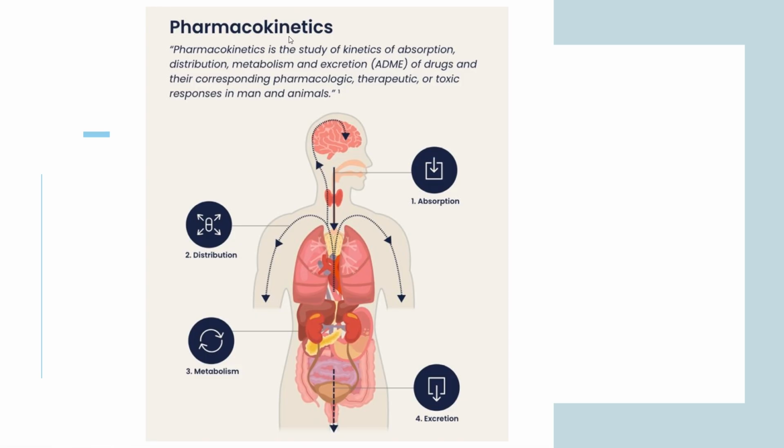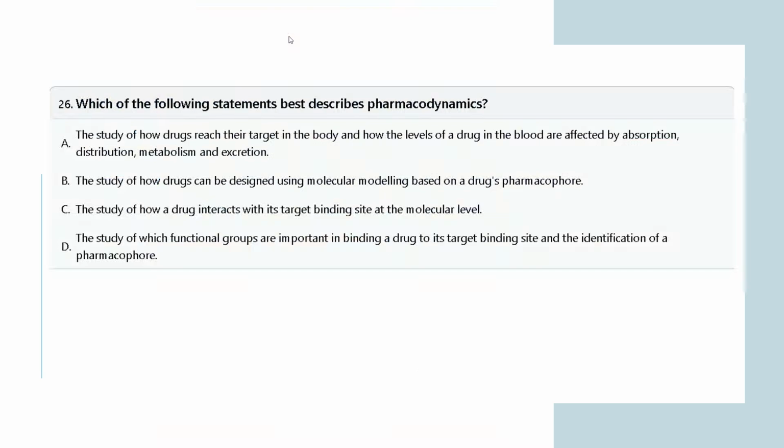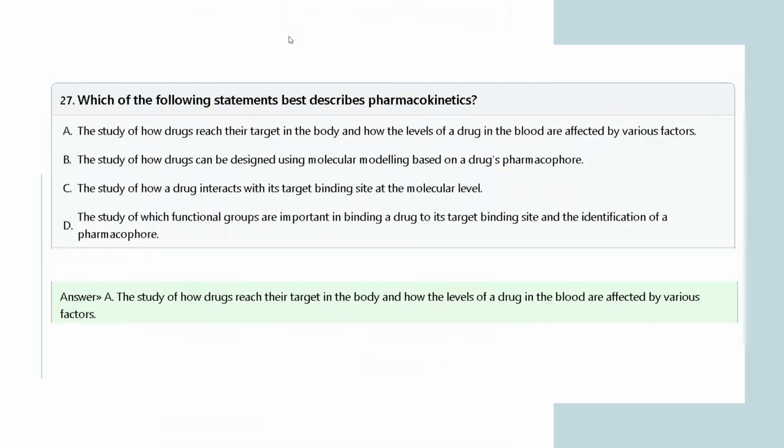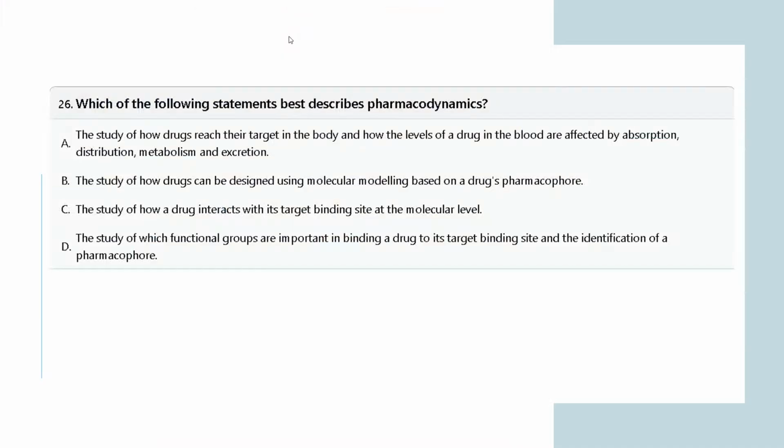You have to keep in mind that these four terms are very important when you talk about pharmacokinetics: how the drug is absorbed, distributed, metabolized, and excreted from our body. I hope it is clear to everyone what pharmacokinetics is.